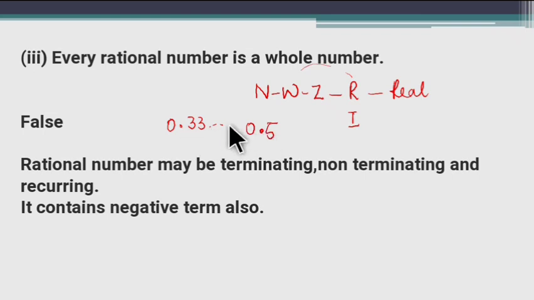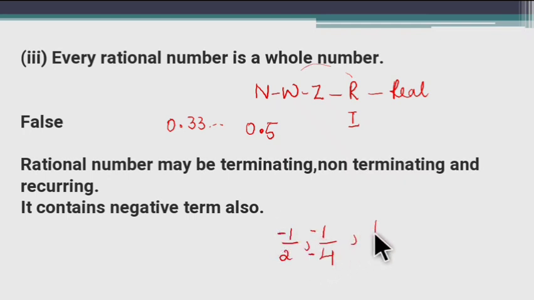But is it a number that comes in the whole number set? No, right? A whole number does not have a decimal expansion. A whole number has only 0 and the positive numbers. So this is also one reason. Then it contains negative terms also. When we write the rational number 1/2 or 1/4, we include this p and q. They may be negative or positive.